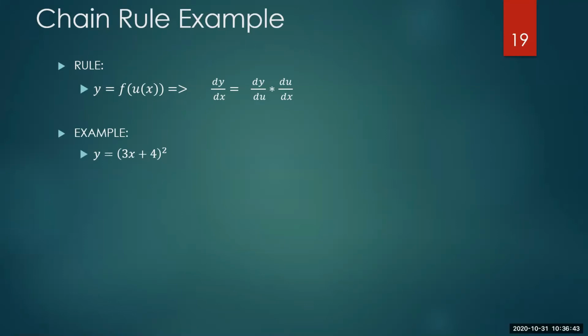Okay, so here we can see that u of x is 3x + 4. And so du dx is equal to 3. And here we can see that y is u squared, so dy du is 2u.